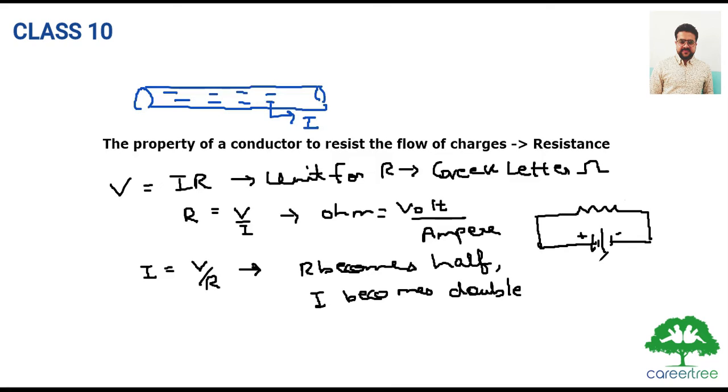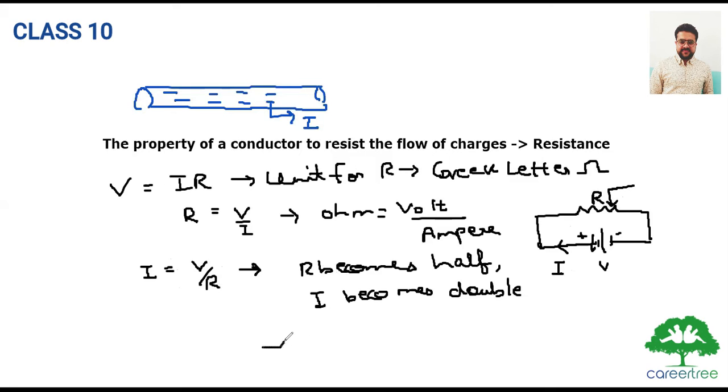To keep the potential difference V constant and the resistance R, if I want to control the amount of current I in this circuit, I can use a device known as variable resistance, denoted by a symbol like this. A variable resistance is a device which can vary the resistance in your electric circuit. If I keep varying the resistance while keeping the potential difference constant, I can control the amount of current in the circuit.